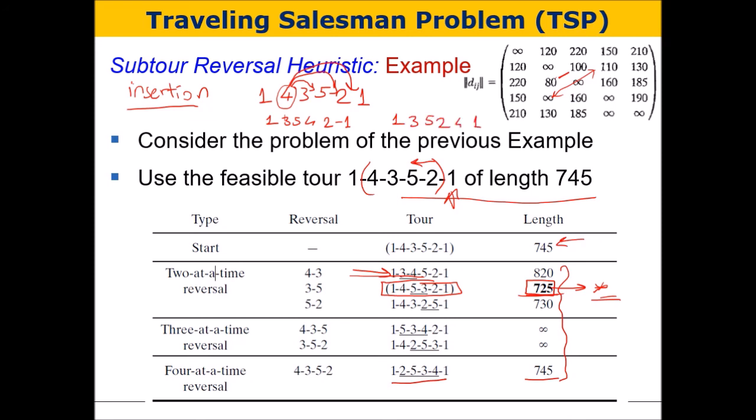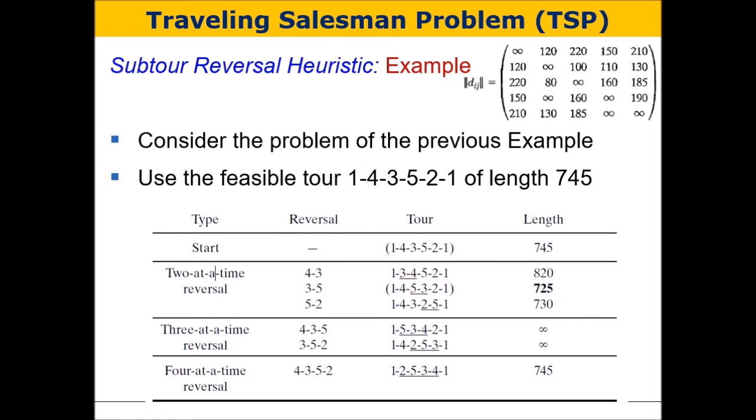See? So we take a city from its current position and insert it somewhere else in the sequence. Okay. Similarly, we can take this 3 and insert it to here, and we can take 5 and insert it to here. You see, this is different than the subtour reversal, and it provides different solutions.